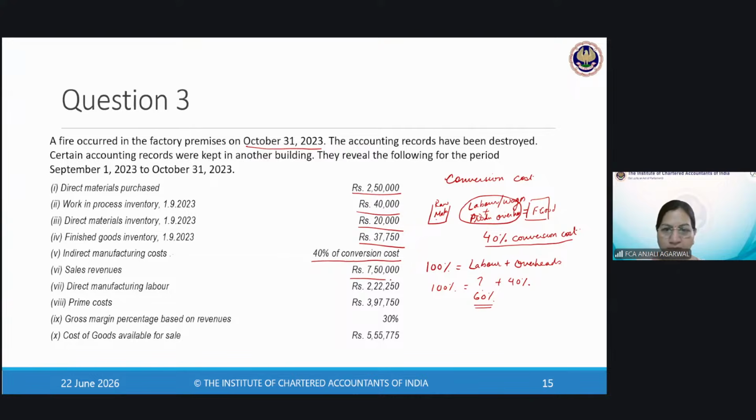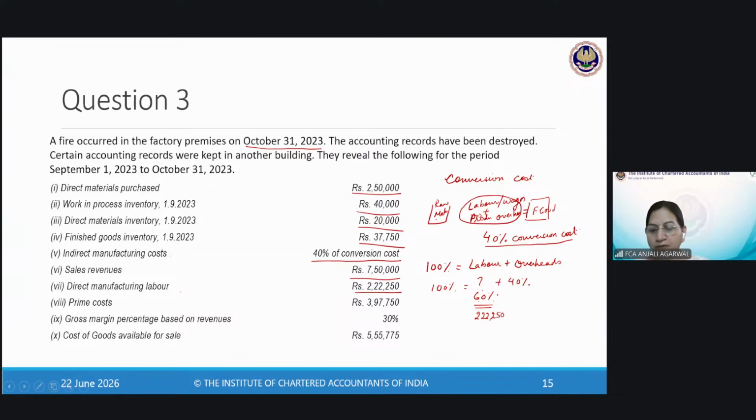Sales revenue is given and direct manufacturing labor is given, 222,250. So now this was in percentage. If I express it in absolute rupees, 100% I don't know because I don't know the overheads. But I know that labor cost is 60% and it is 222,250.